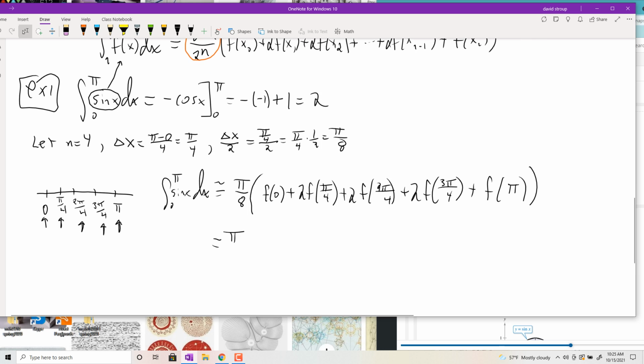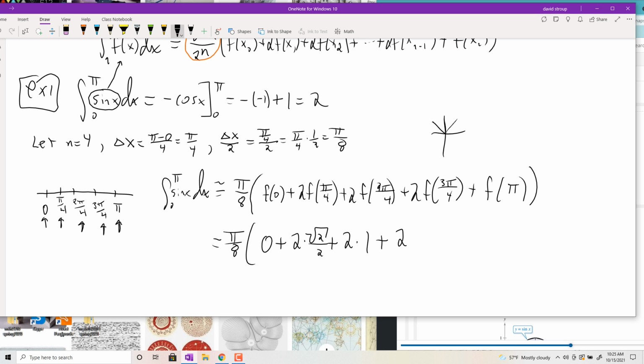So this will be equal to pi over 8 times sine of 0, which is just 0, plus 2 sine of pi over 4, which is root 2 over 2, plus 2 times sine of pi over 2, which is 1, plus 2 times sine of 3 pi over 4. Where is that? It's in the second quadrant, so sine is positive. That would be root 2 over 2. And then plus sine of pi, which is just 0 again.